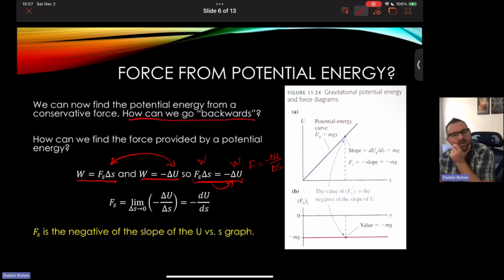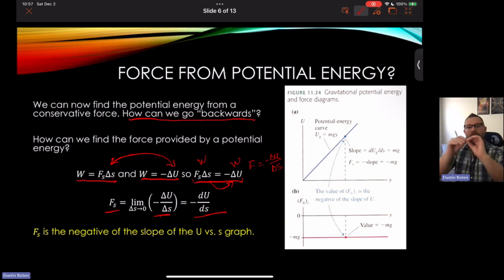That looks a whole lot like a derivative. If we divide that delta S over, and then we make our increments really, really tiny and get those infinitesimals, it turns out that the force of the spring really is just the negative spatial derivative of the potential.